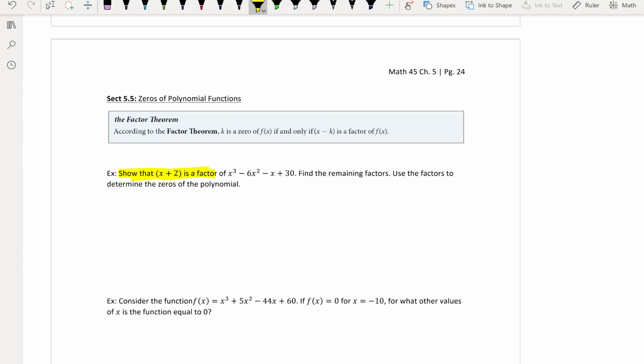Well, what we know from the remainder theorem is that we can actually use synthetic division to help us.